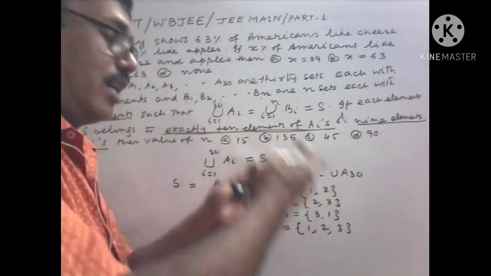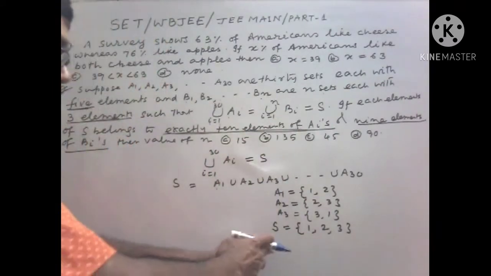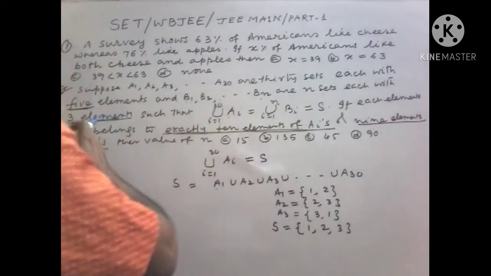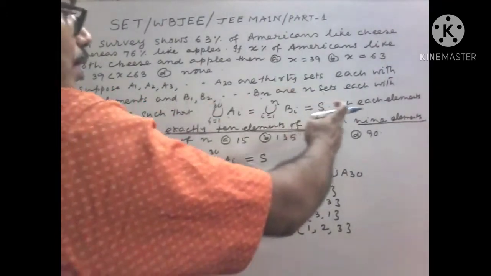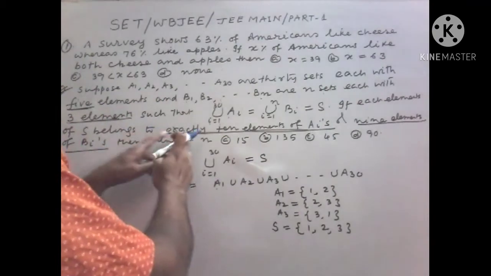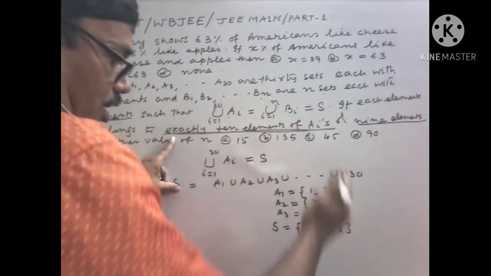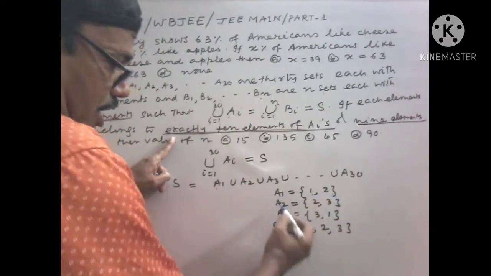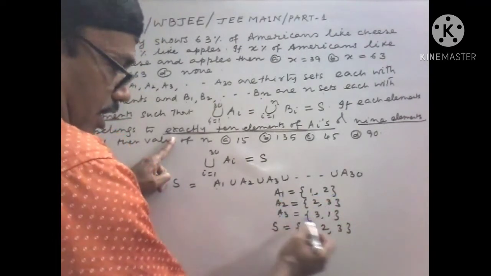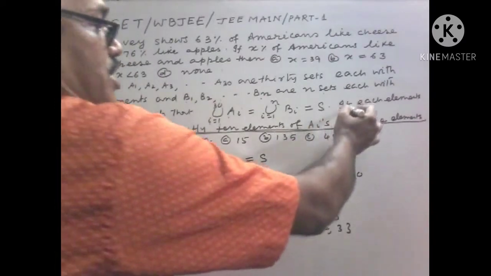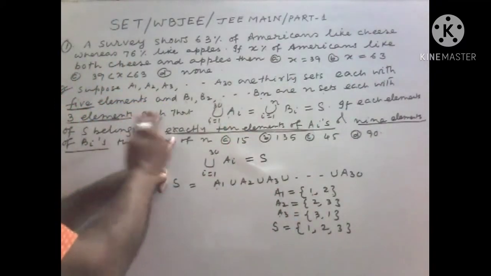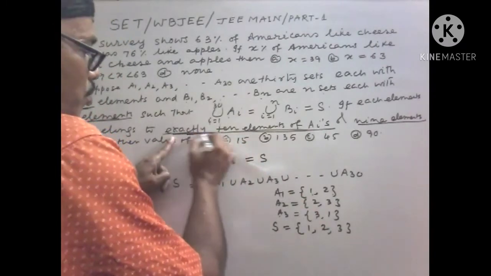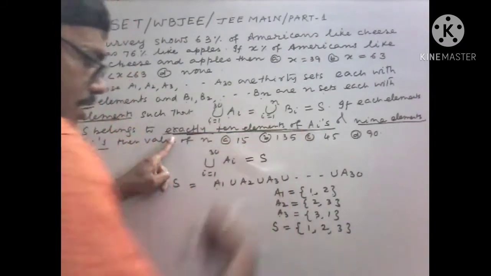Then we generalize this problem. Look, each element of S belongs to exactly 2 of the Ai's. Look, A1 has 2 elements, A2 has 2 elements, A3 has 2 elements. So each element of S belongs to exactly 2 sets. Here it is 2, and for our original problem this is 10.